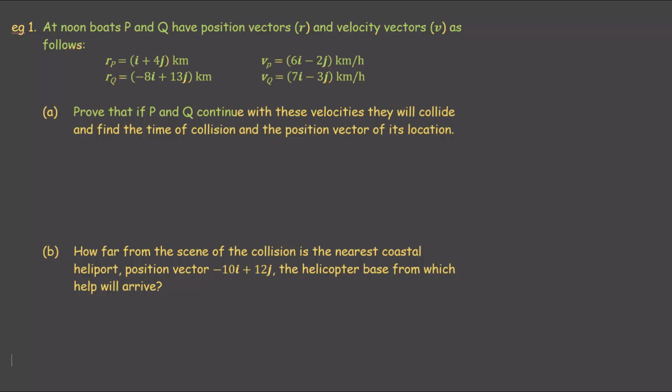Prove that if P and Q continue with these velocities, they will collide, and find the time of the collision and the position vector of its location. So, first of all, Rp of t is going to be, so this is the fixed point, 1, 4, and I always do it as column vectors, so the i goes in the top, j in the bottom, plus t times the velocity vector, which is the direction, and so that is 6, negative 2.